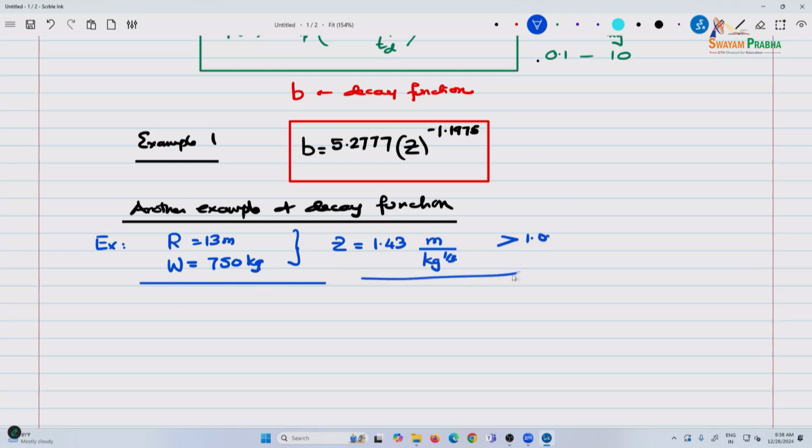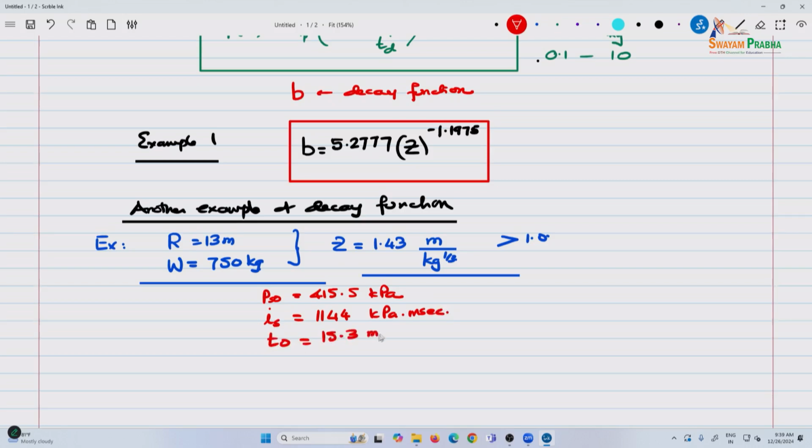And for these parameters, you get P so equal to 415.5 kilopascals. Then the impulse I s is 1144 kilopascal milliseconds, and t naught, the positive load duration, is 15.3 milliseconds.